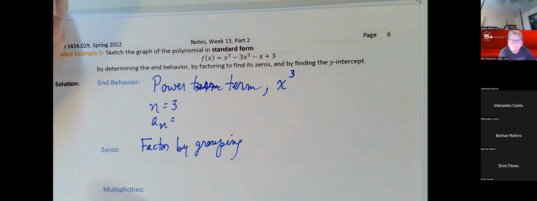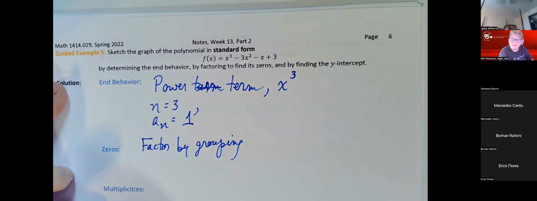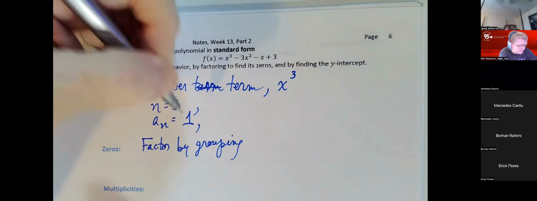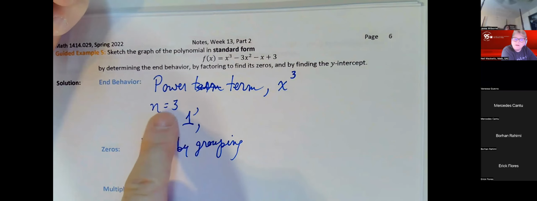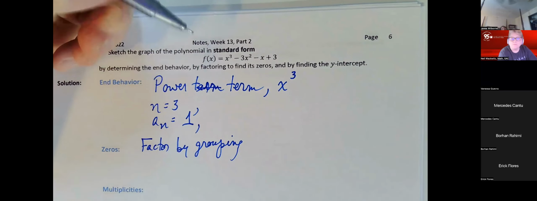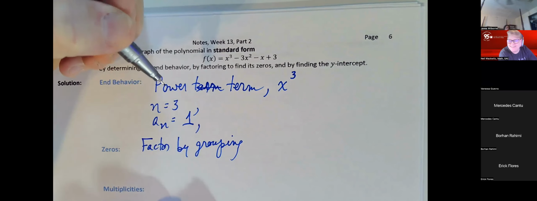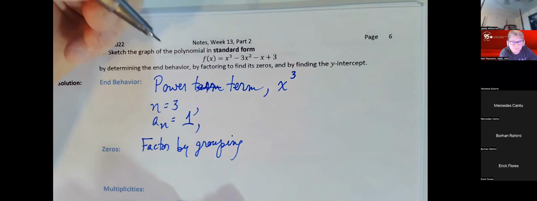It would be 1. Good. So what do I care about with n? Whether it's even or odd. And a sub n, positive or negative. Sorry, I was asking about n. Is 3 even or odd? That's odd. Good.